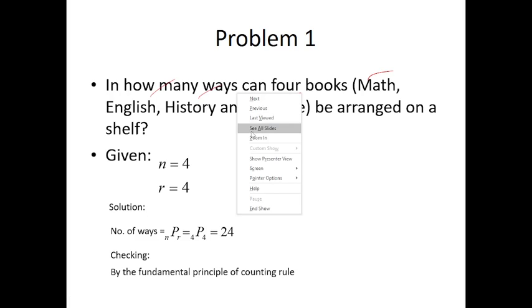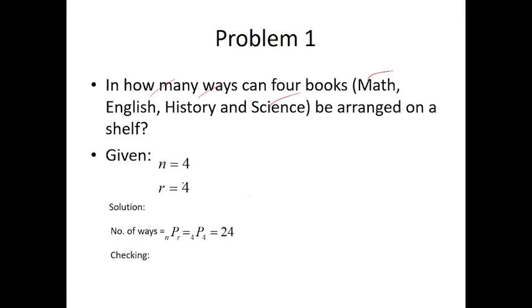Pero bago yon, 4P4. Sinabi natin 4P4. So, recall natin yung formula, NPR, n factorial over n minus r factorial.